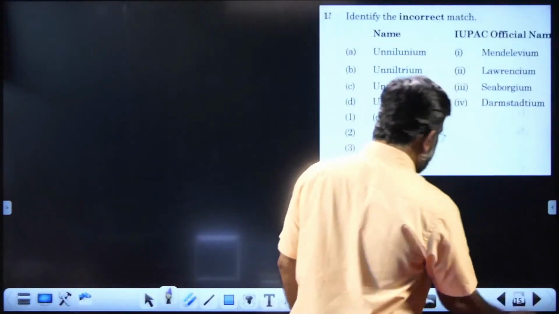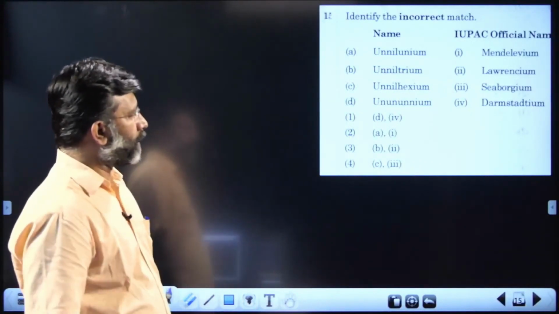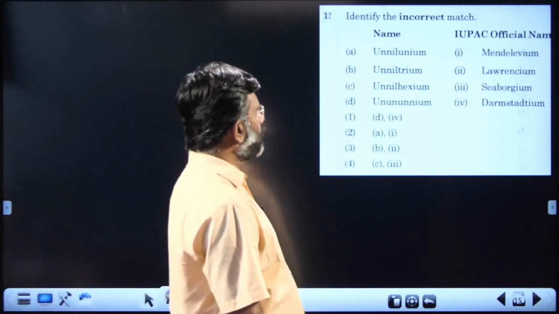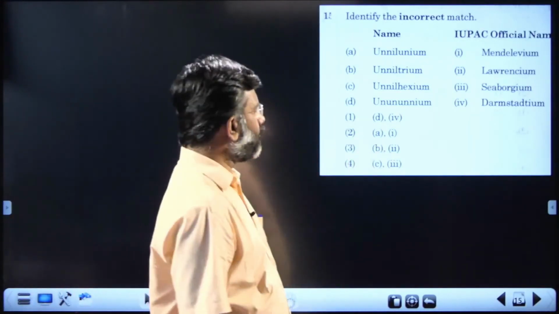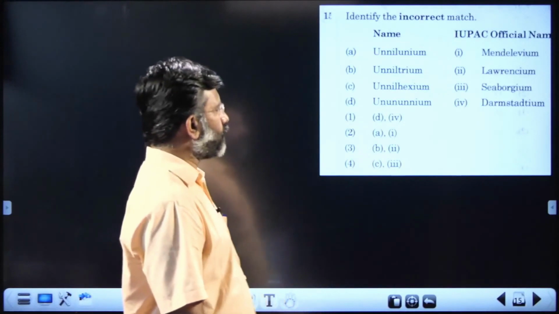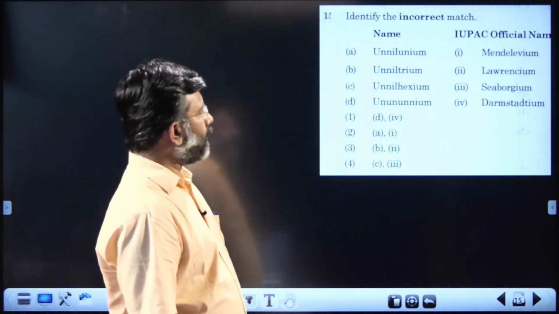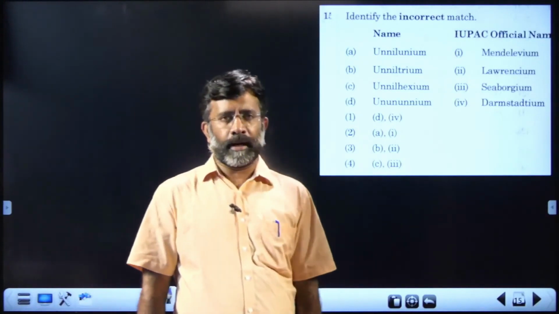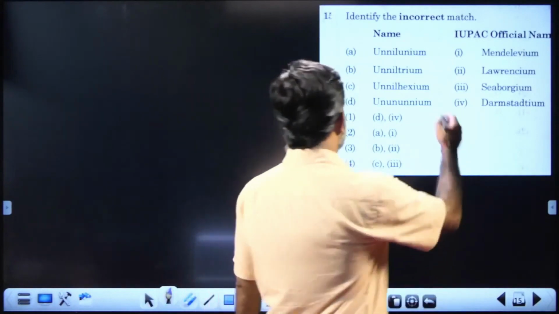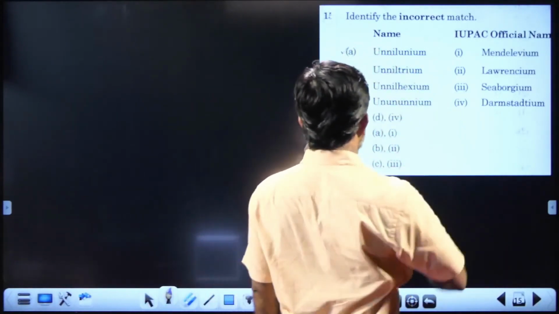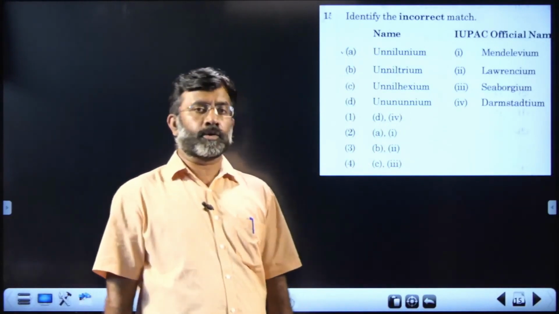15th question. Identify the incorrect match regarding the IUPAC systematic name and official name. Unnilunium 101, that is Mendelevium. That is true. Unniltrium 103, Lawrencium.